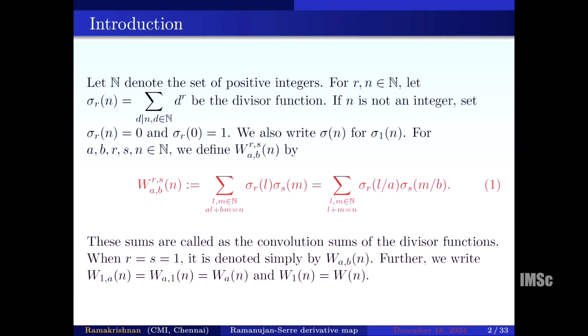So r and s are odd integers, a and b are natural numbers, and these are called the convolution sums of the divisor function. When r equals s equals 1, this is the usual divisor function sigma, and we simply denote it by W_{ab}(n) without writing r, s. Further, if one of a, b is 1, then we write only the other, and if both are equal to 1, we just write W(n). These are all the simplifications.